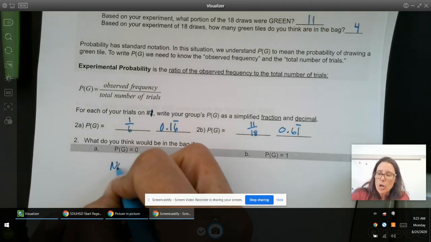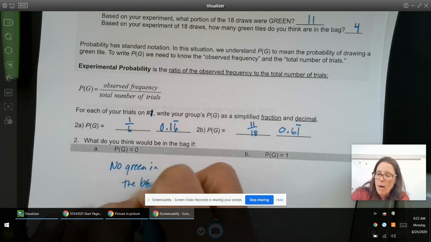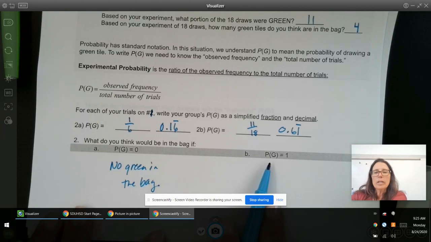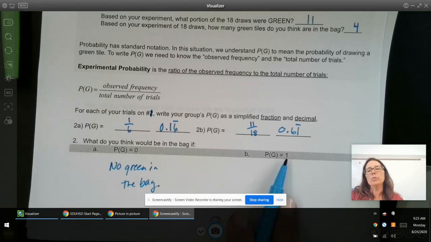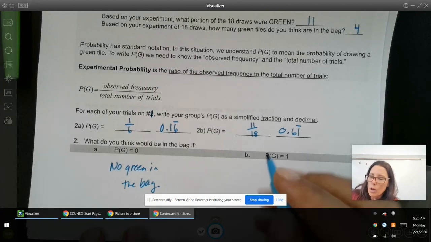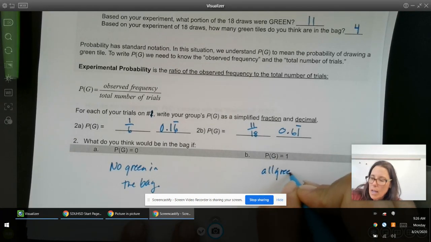There would be no green in the bag. What do you think probability of green equal to 1 would be? That would be 6 greens out of 6 draws, or 18 greens out of 18 draws. So all green in the bag.